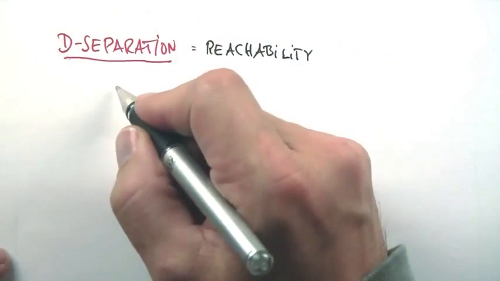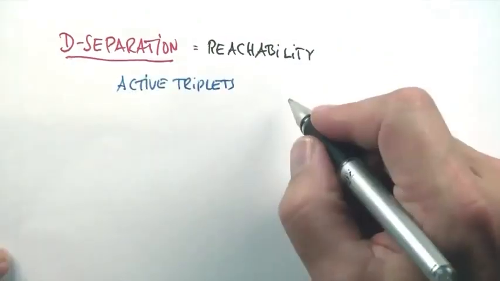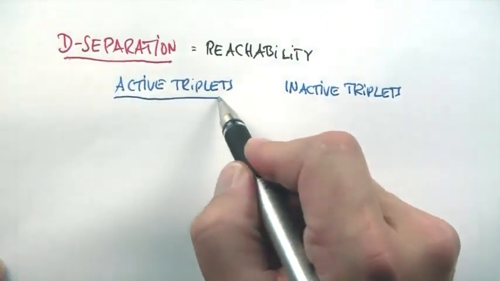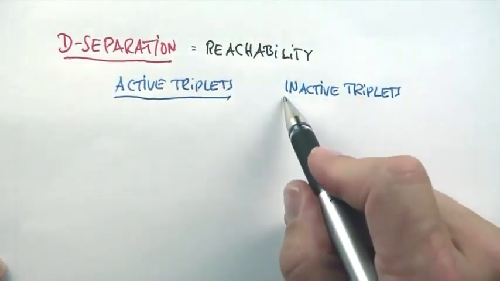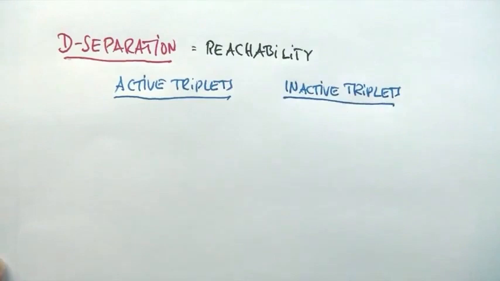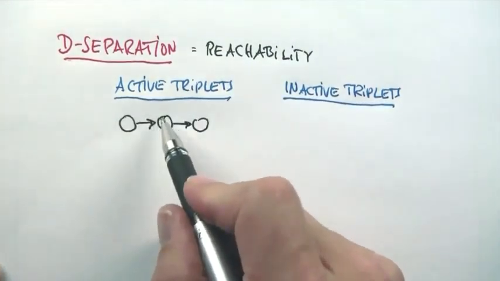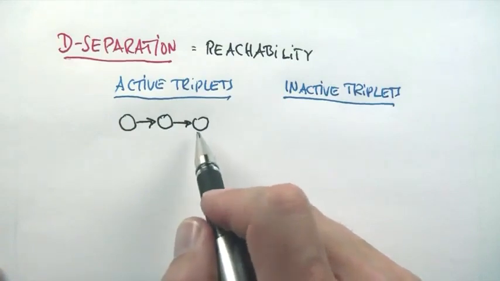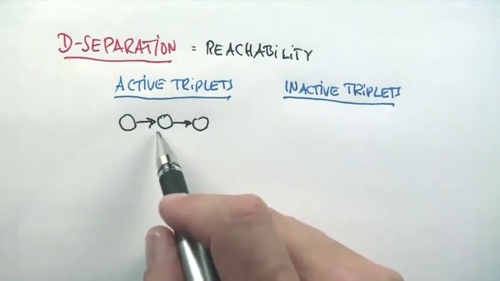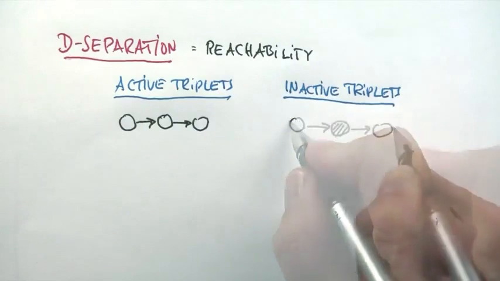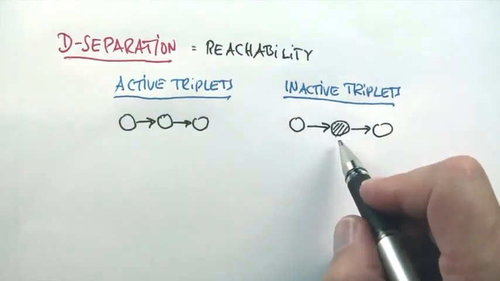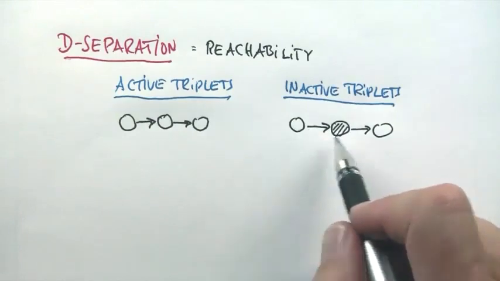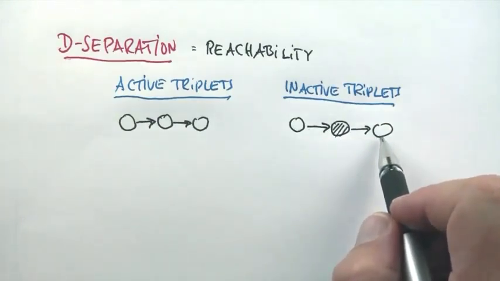D-separation is best studied by so-called active triplets and inactive triplets, where active triplets render variables dependent and inactive triplets render them independent. Any chain of three variables like this makes the initial and final variable dependent if all variables are unknown. However, if the center variable is known, that is, it's behind the conditioning bar, then this variable and this variable become independent.